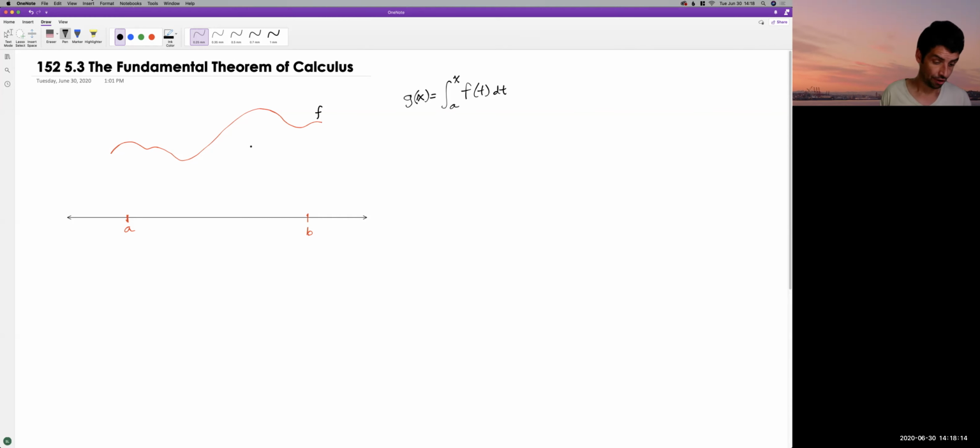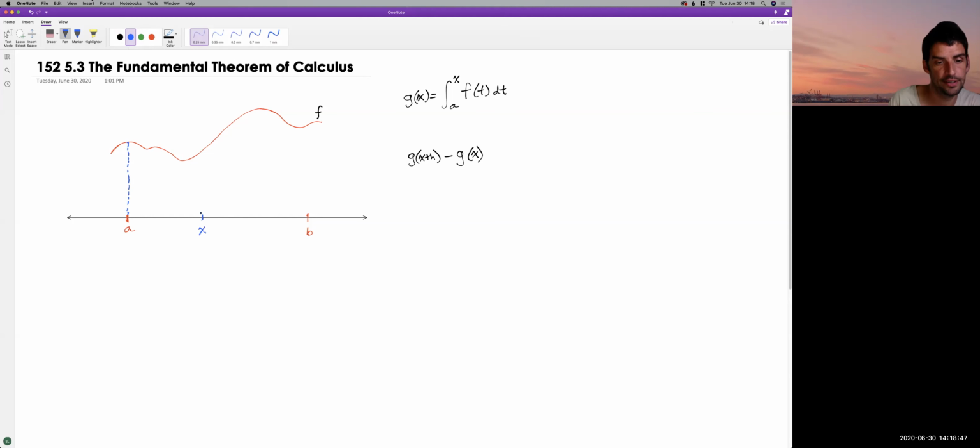All right, so let's look at a couple of little things. With this function in mind, if I took g of x plus h minus g of x, okay? What does this represent? Well, let's start with g of x.